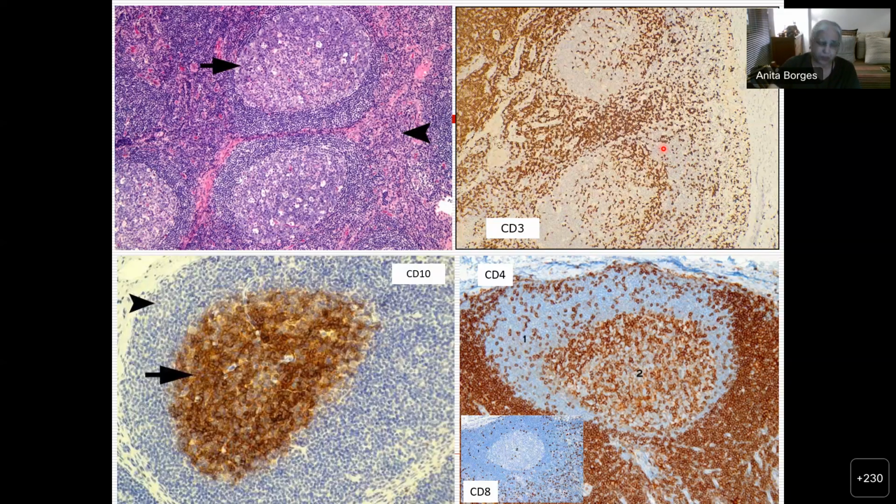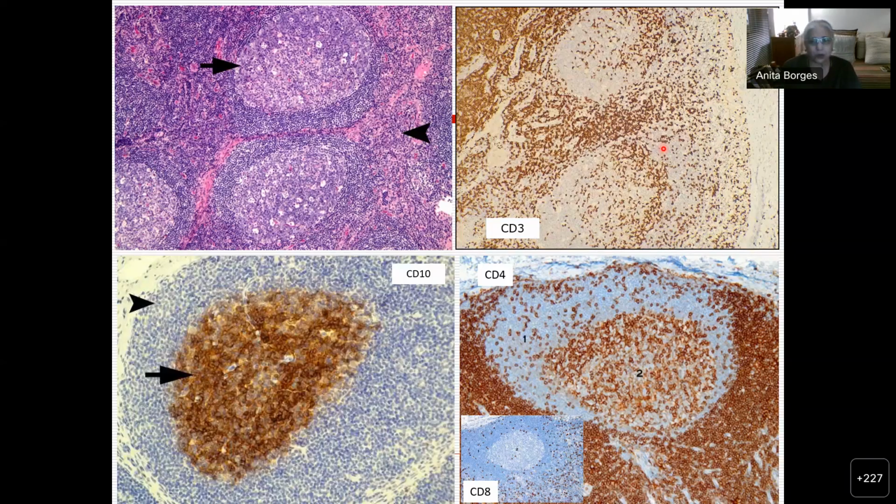Those CD3 positive cells, which are T cells, the normal helper T cells in the follicles, will pick up BCL2 because that's what they are supposed to do. They don't undergo apoptosis, so they don't shut down their BCL2. And then you might feel, oh gosh, the follicles are BCL2 positive.